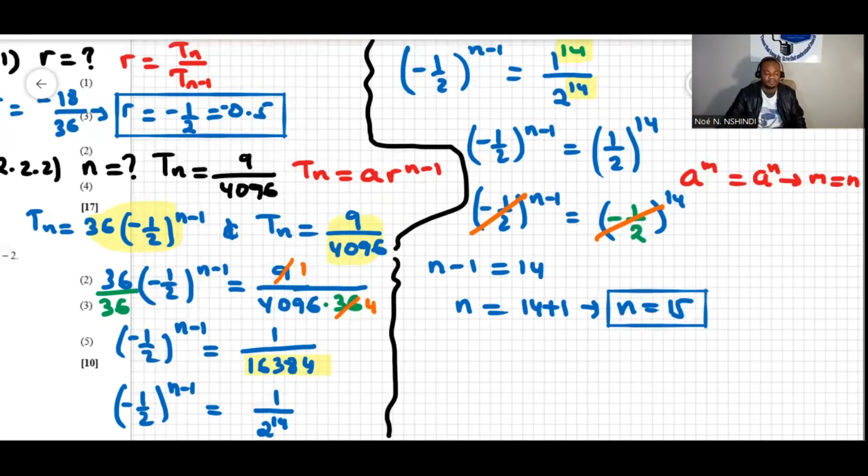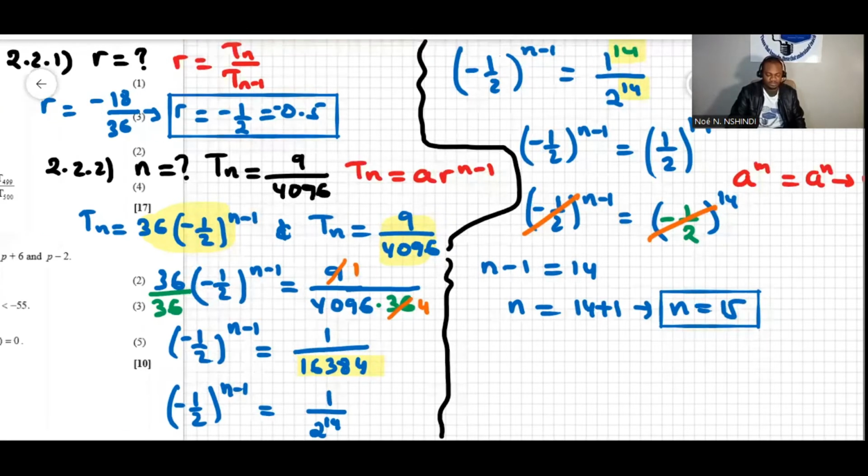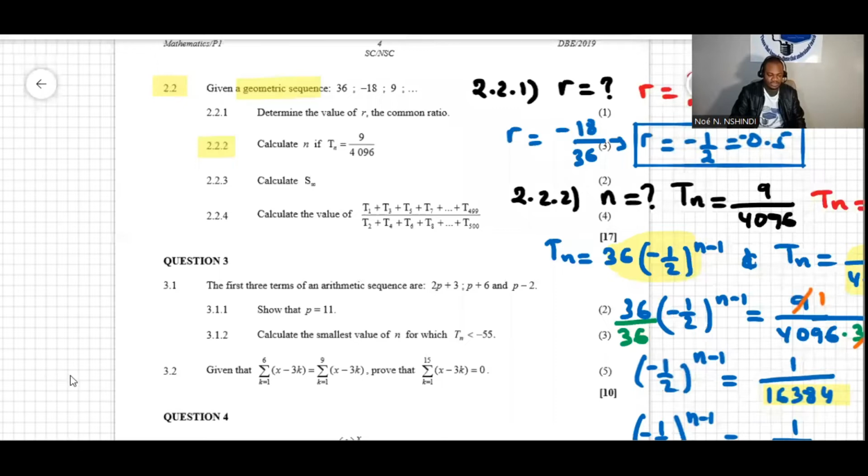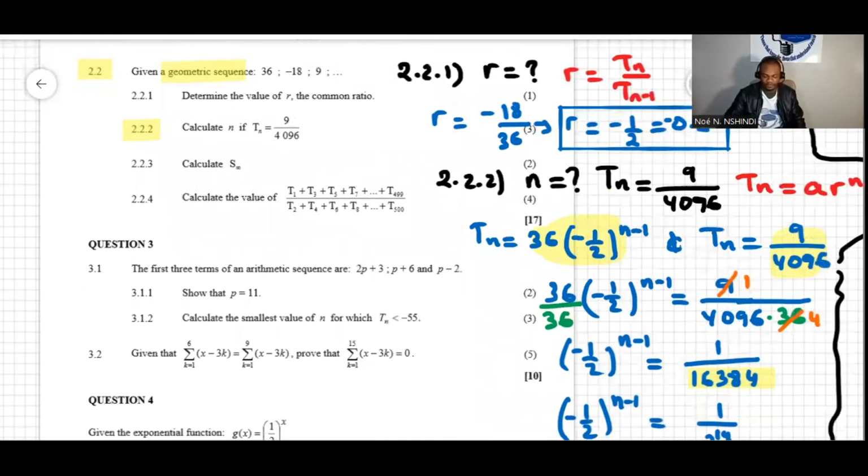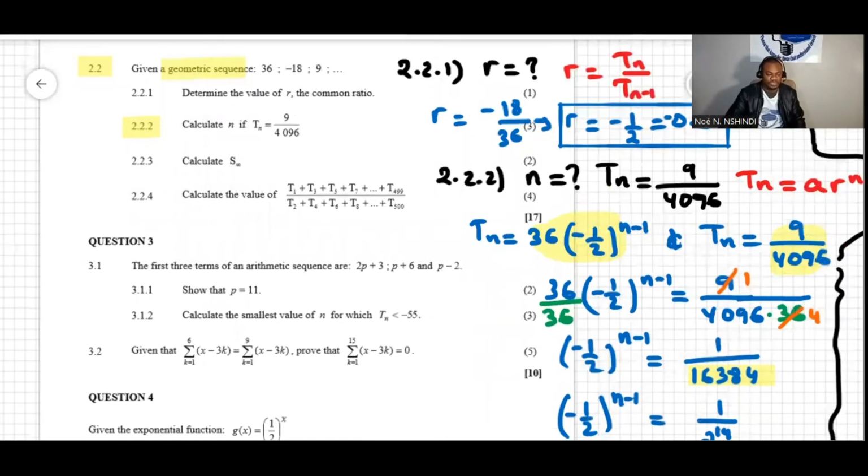Okay. Now the following question says, let's see, question 2.2.3. The question says calculate s to the infinity. Okay, this sum, because the series converges.